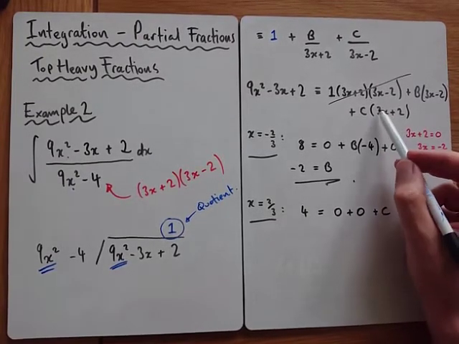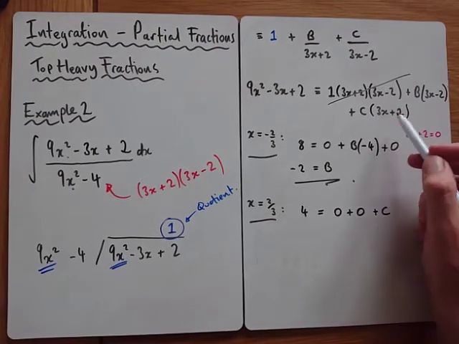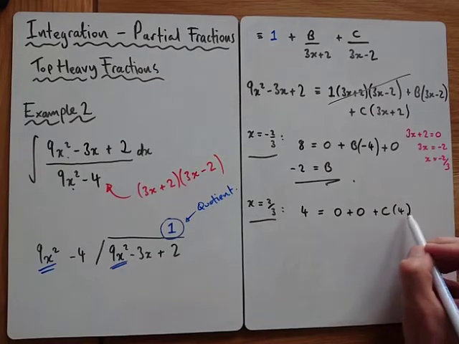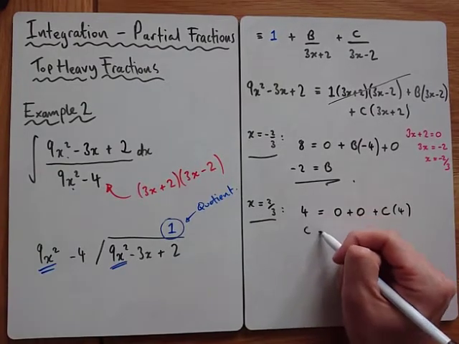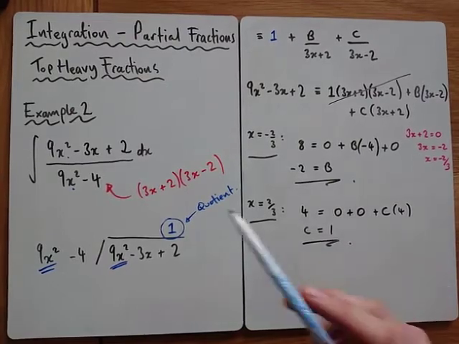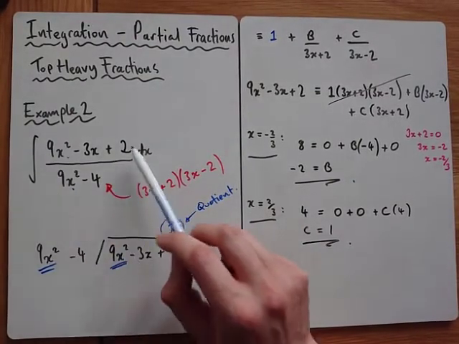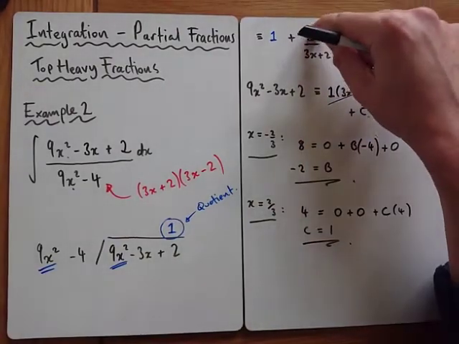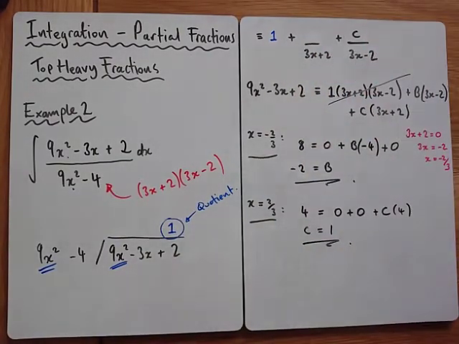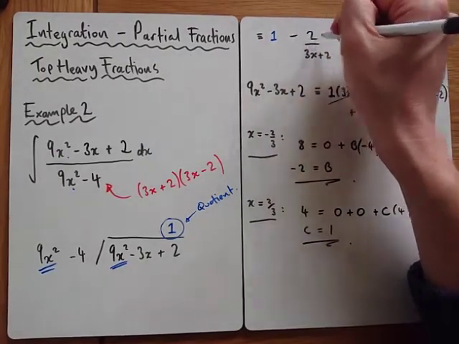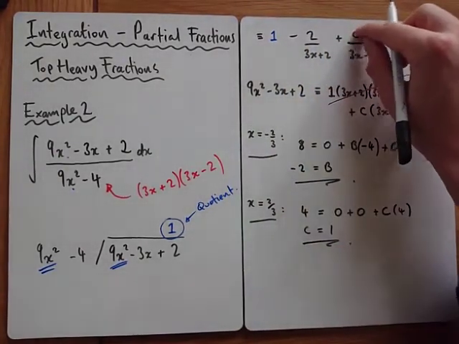So 2/3 times by 3 would be 2, 2 plus 2. So 4 would equal 4 times c. C would equal 1. Okay, so now we've got this fraction here that we couldn't integrate. We know what it's equal to. We know b is equal to minus 2, and we know c is equal to 1.